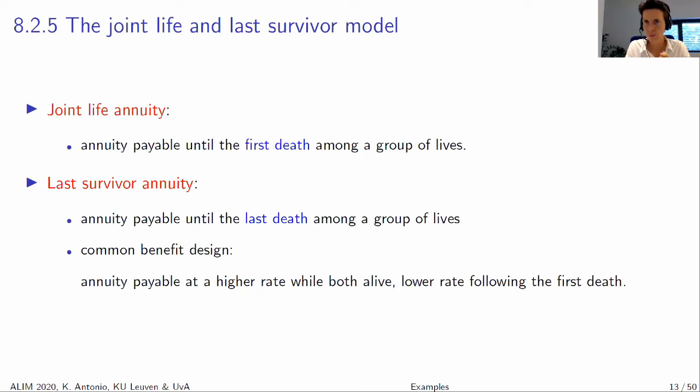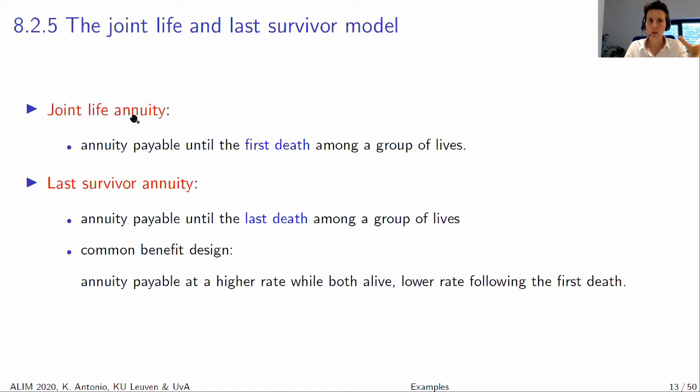we're going to use to design products, annuity products, insurance products issued to more than one policyholder. These are constructions that you often find in retirement plans and so on. And we're going to treat these multiple life insurance products within this context of multi-state models.